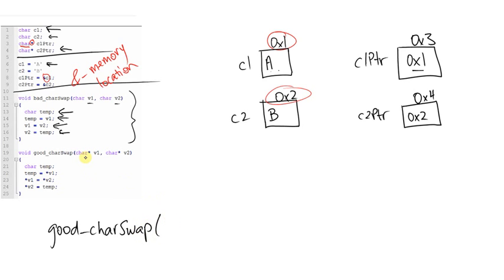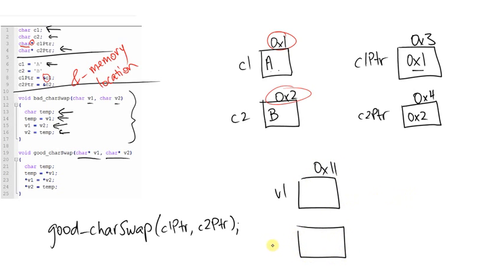We'll notice that good char swap takes a pointer to a character, so we would give it C1 pointer and C2 pointer. And then that would be passed into V1 and V2. So V1, much like every other variable, exists somewhere in memory, and V2 exists somewhere in memory.